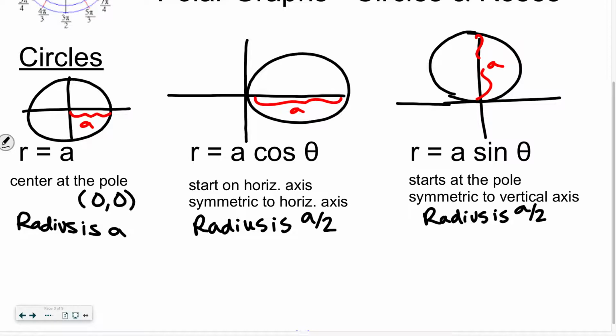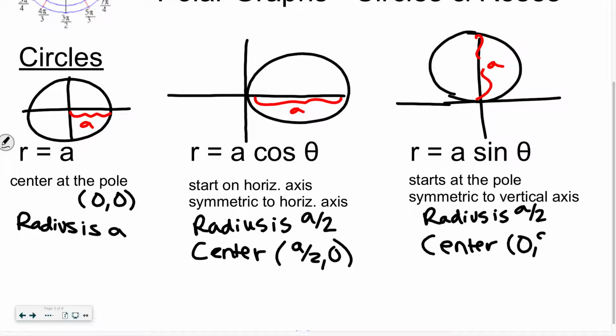Like we were able to say where our center point was when we had an 8 for a, it was at 4, 0. So here our center is at a over 2, 0. And then flip-flop those if it has vertical symmetry.